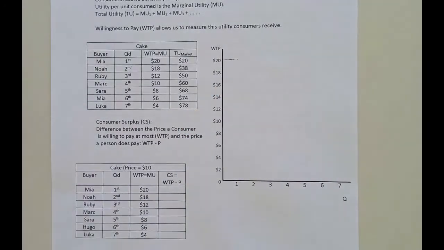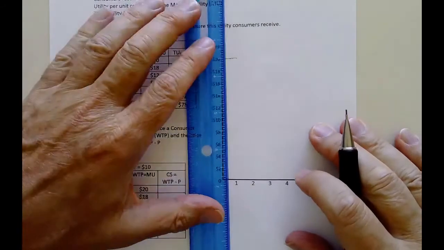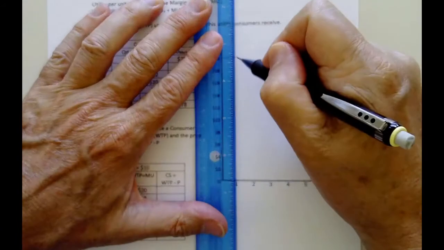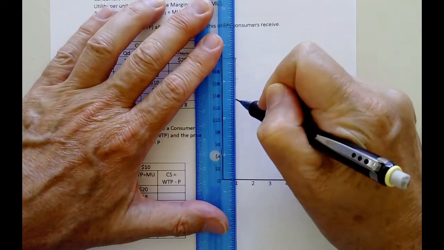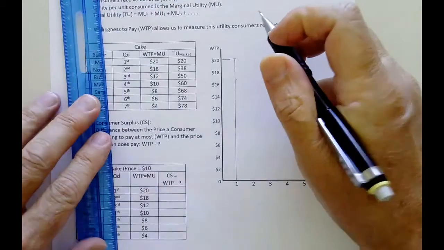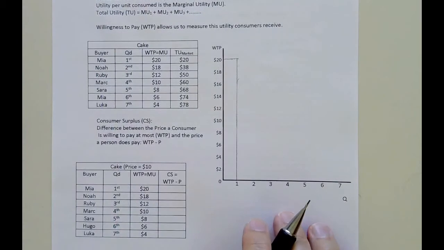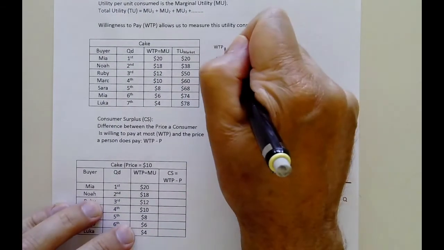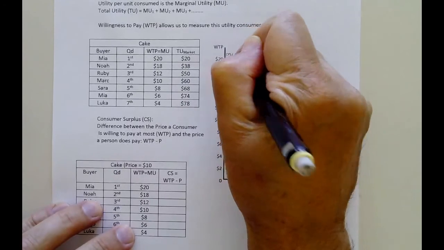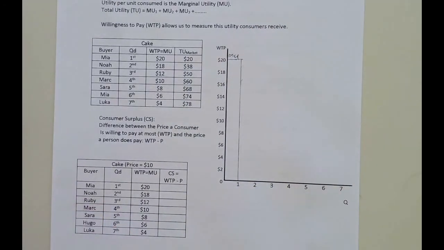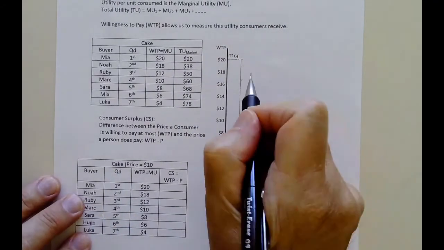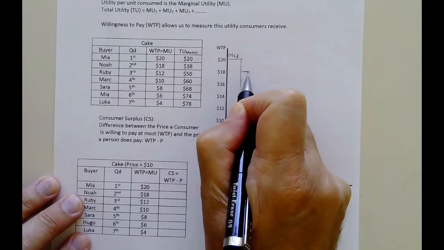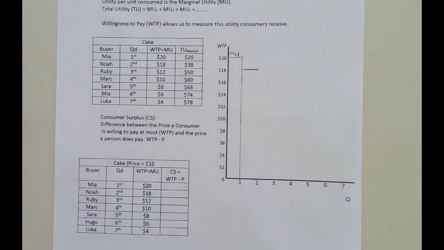Get my ruler out. And that bar right there represents the marginal utility for the first cake. And that goes to Mia. And then Noah would buy the second cake. He's willing to pay at most $18.